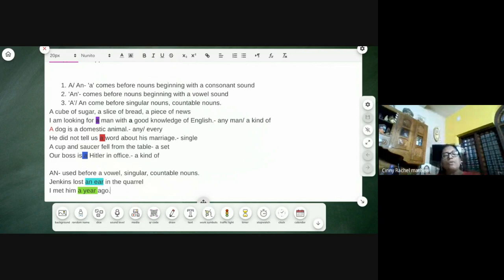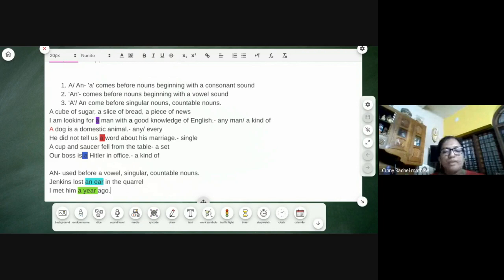And so we use a before that. I hope that is clear. So our rule is confirmed. The indefinite article is used before singular countable nouns.